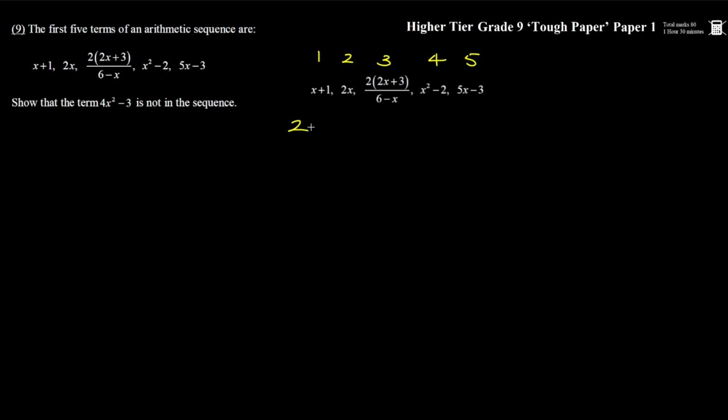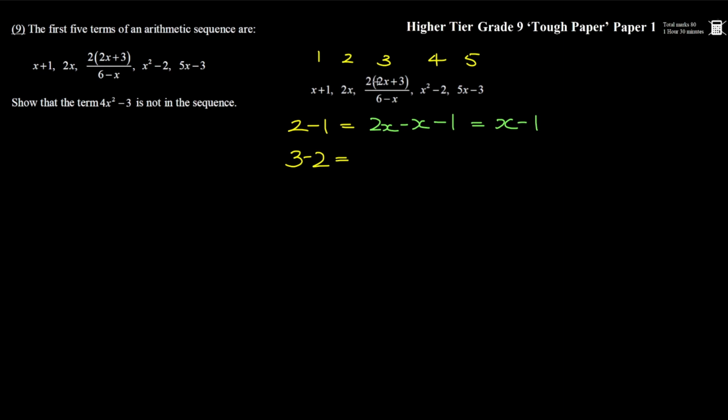So I can say that term 2 minus term 1 is equal to 2x minus x, minus 1. This just becomes x minus 1. And so now let's work out the difference between term 3 and term 2.